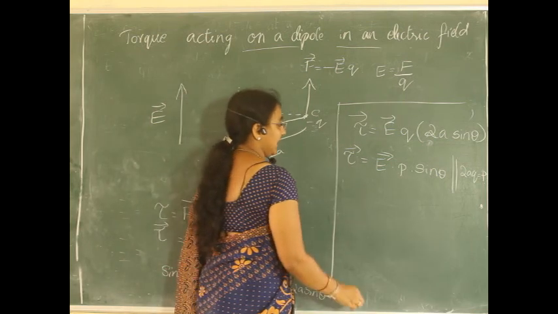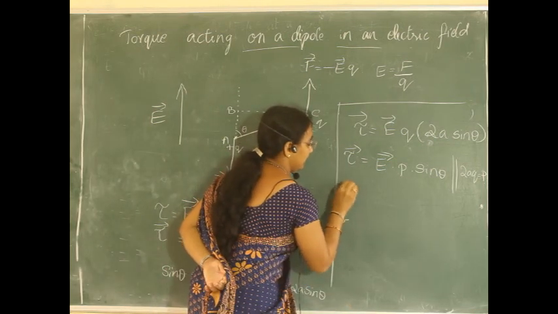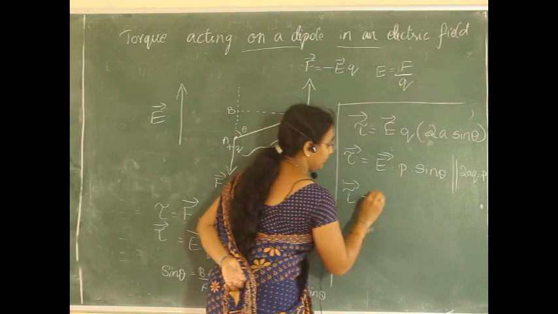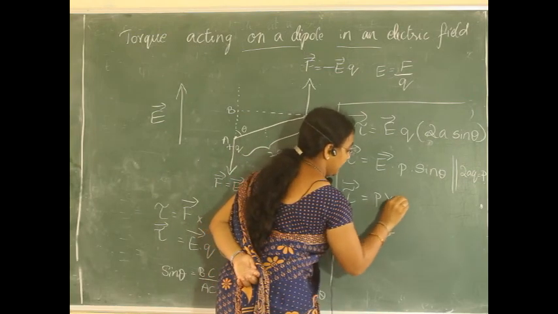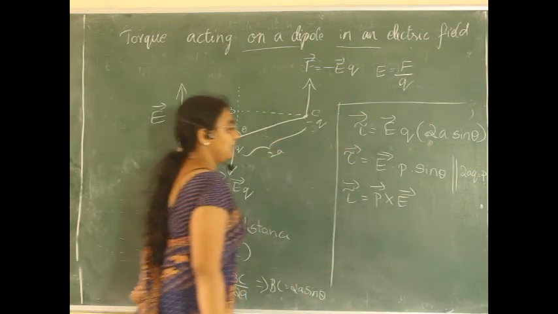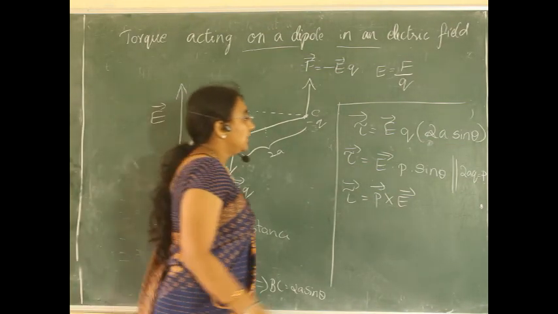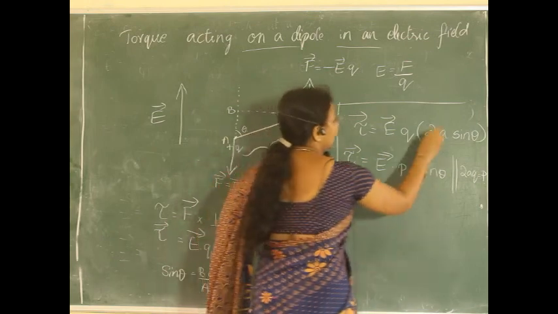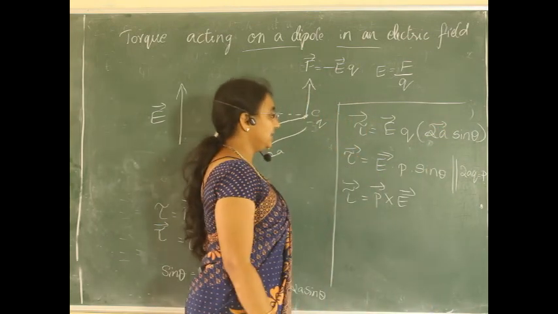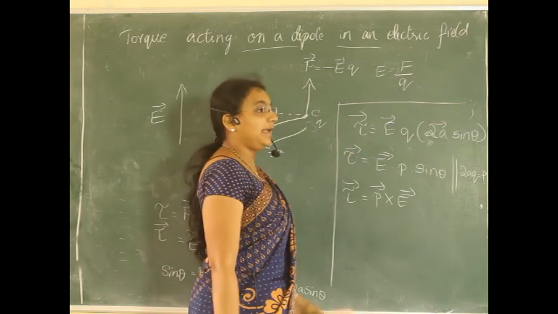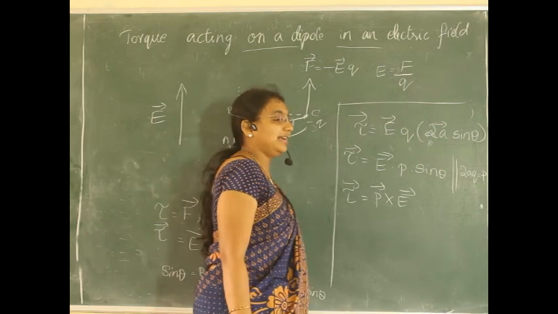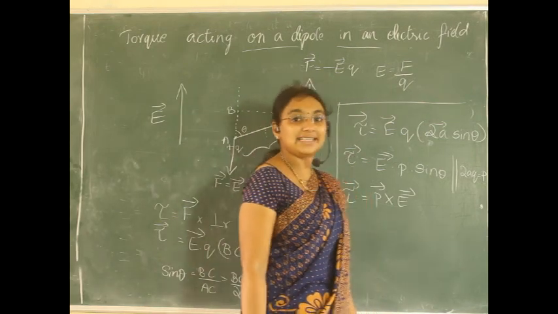Or else I can write tau vector is equal to P cross E vector, because don't you remember your first year concept? That is nothing but A cross B vector is equal to AB sin theta.